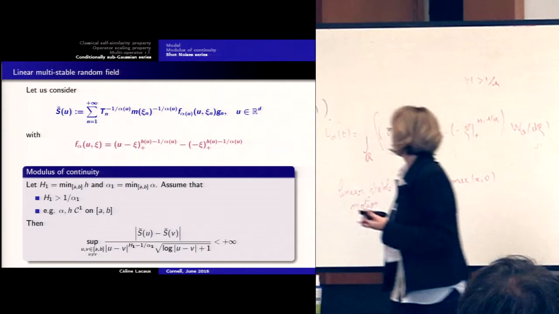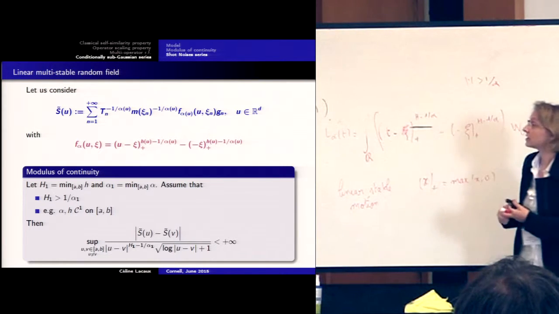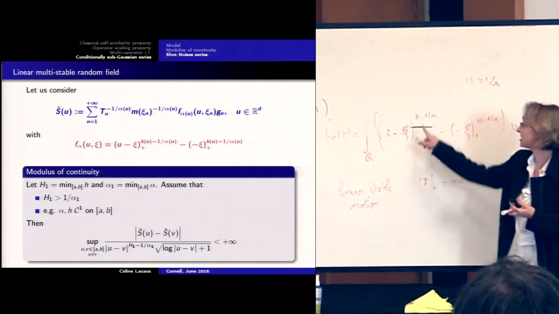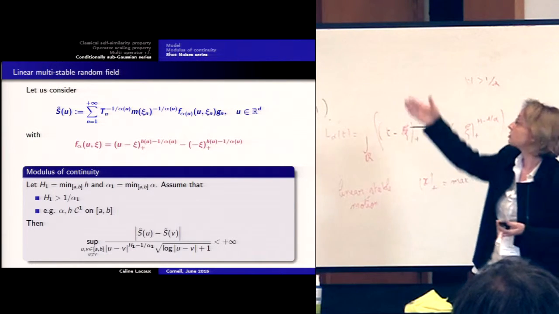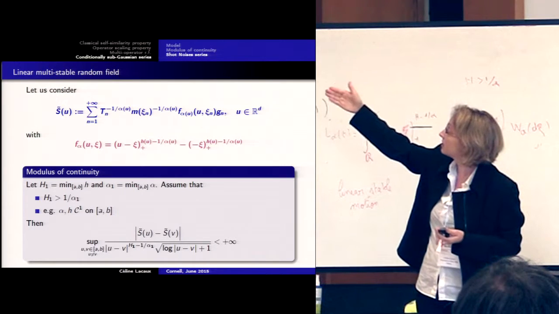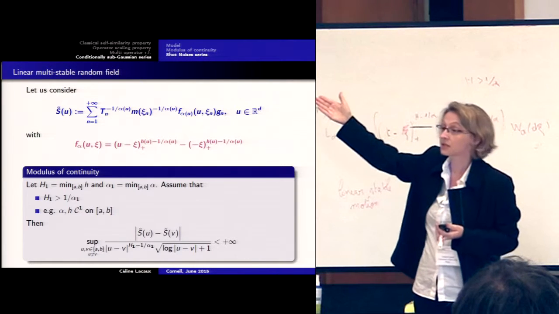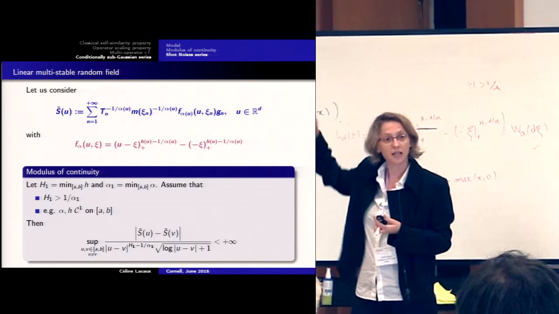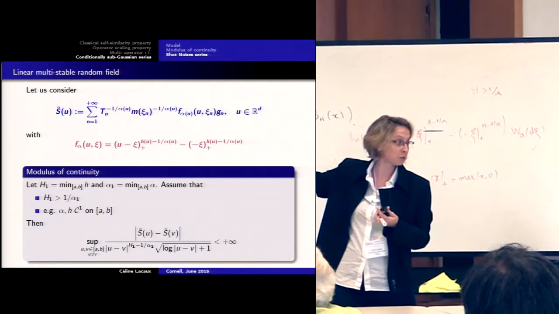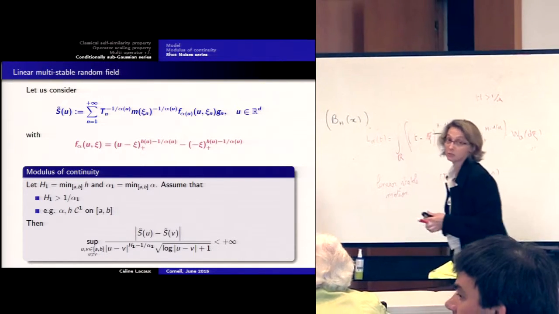That's not surprising because for this, we know that the Hölder exponent is given by h minus 1 over alpha. And so I expect that if h is constant, it will be given by h minus 1 over alpha 1. And I have put a function of u, so I also take the minimum.